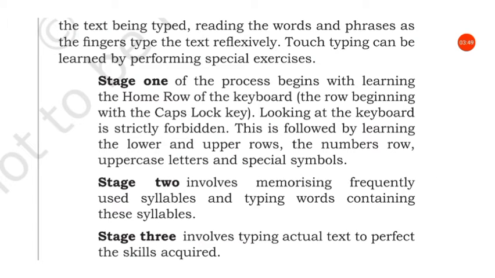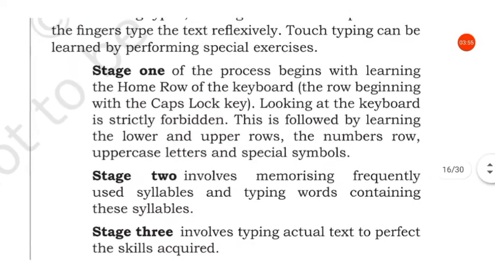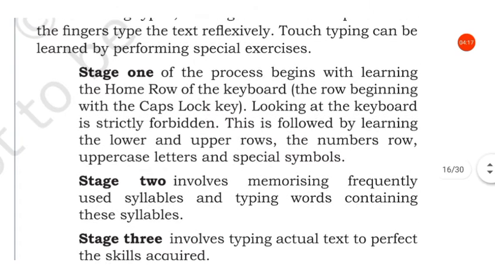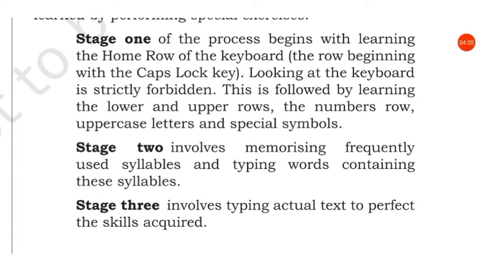In the previous classes we have learned what the home row of the keyboard is. Now, looking at the keyboard is strictly forbidden, that is, we should not look at the keyboard. We should only look at the screen of the monitor. This is followed by learning the lower and upper rows, the number rows, uppercase letters and special symbols.